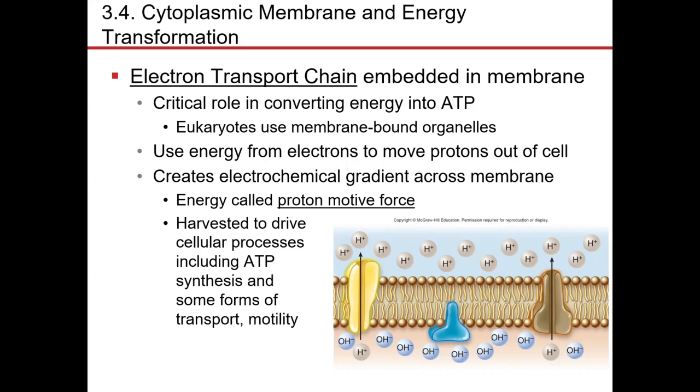ATP is produced specifically in the membranes of the mitochondria, which contain protein complexes that produce ATP. I'm not going to go into too much specific detail there. But prokaryotic cells do not have membrane-bound organelles, which means they also do not have mitochondria.